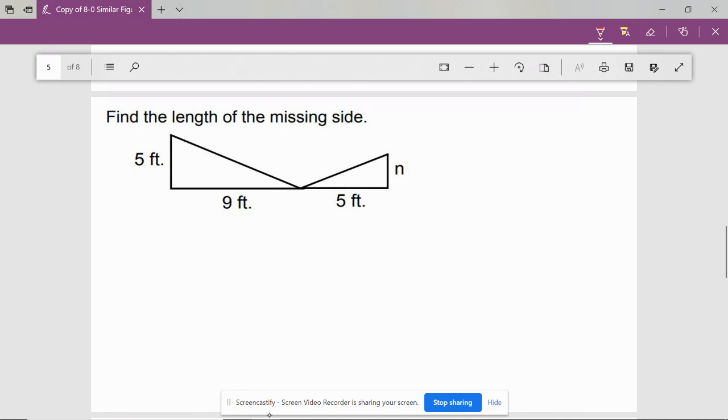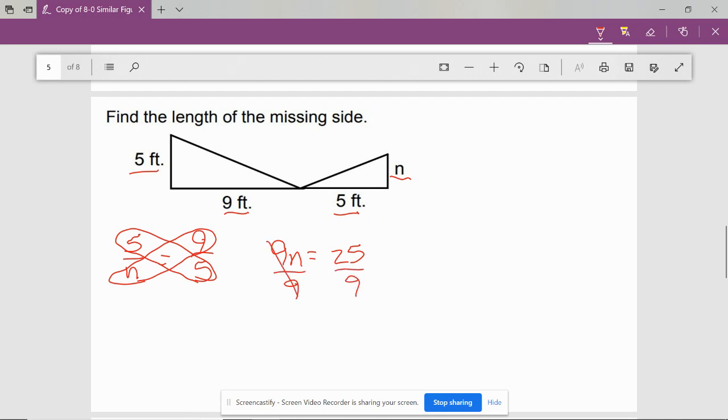If we do this side and this side, 5 over n is going to be equal to 9 over 5. We know how to do this, so let's make sure that we stay focused on what we already know. So we get 9n is going to be equal to 5 times 5, which is going to be 25. And then we know what to do at this point.